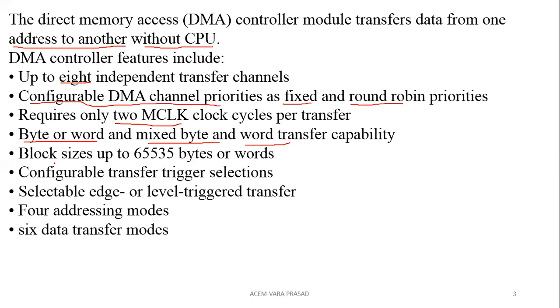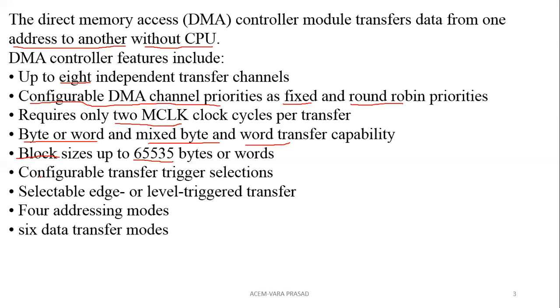And how much data can you transfer at maximum? 65,535 bytes or words of data can be transferred. That is called a block. The block size is up to 65,535. That is the size of the data.